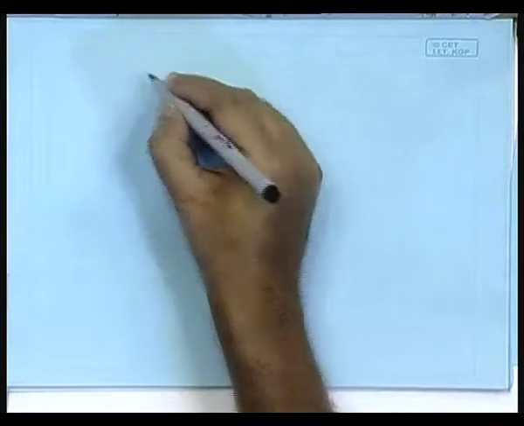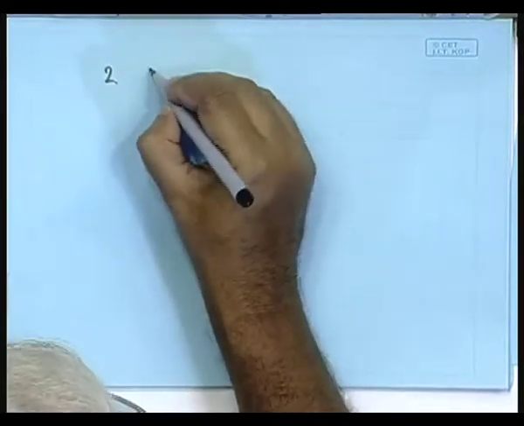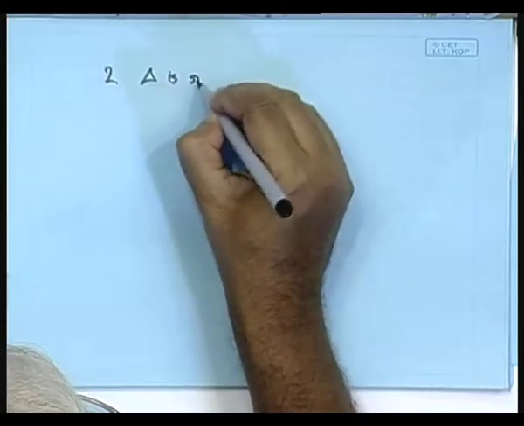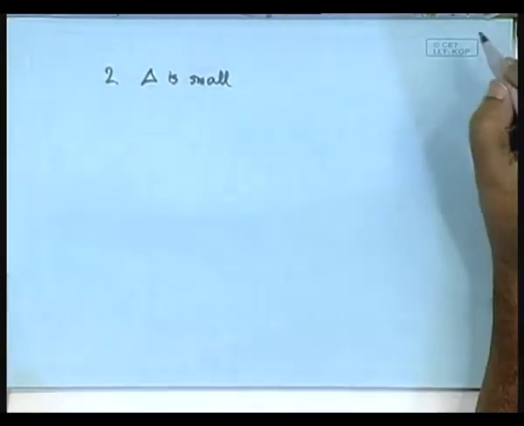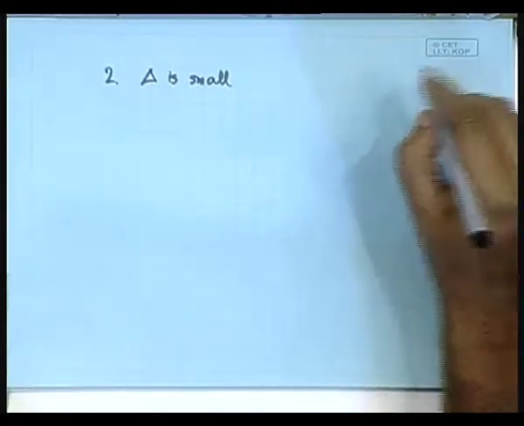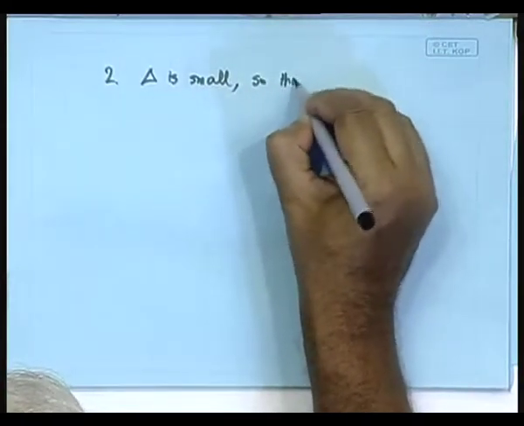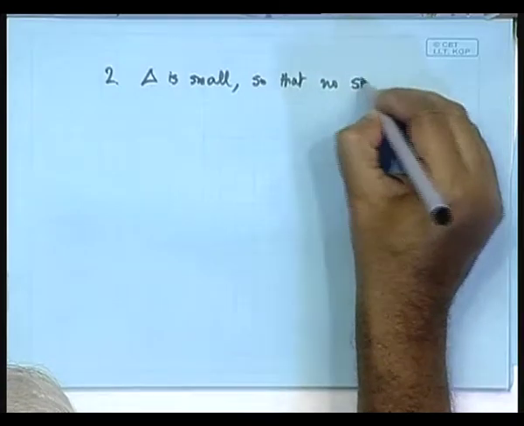And the second assumption is that delta is small, and only if delta is small, then no signal is correlated with the noise.